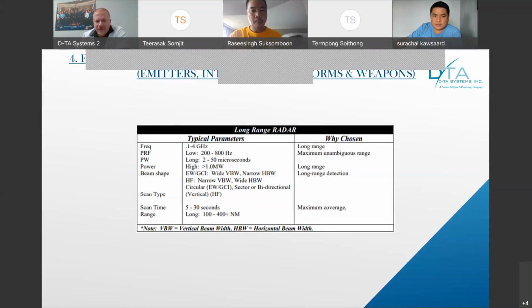If this is specifically a height finding radar, then it's going to be a long parabolic dish going in an up and down kind of motion. If this is a long range early warning aircraft or surface radar, then more likely it's going to have a circular scan. The range for these is typically 100 to 400 plus nautical miles.